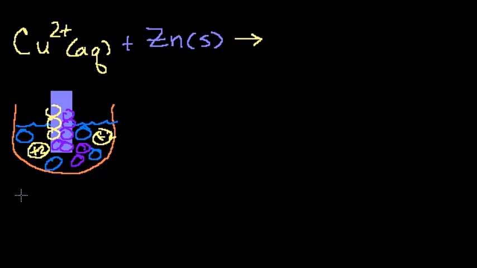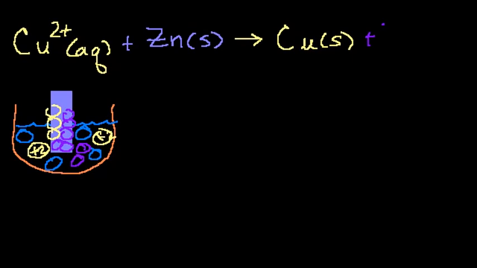So let me write down the whole reaction. If the copper can get some electrons, they're going to go into the solid state. Copper will go into the solid state. And if the zinc can lose some electrons, they'll become positive ions or cations, and then they will go into the solution.